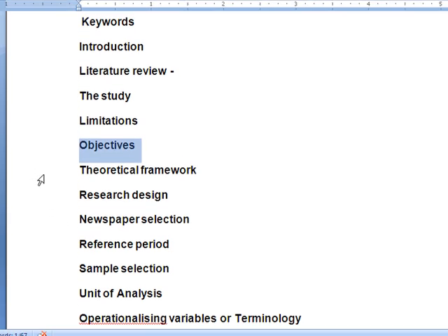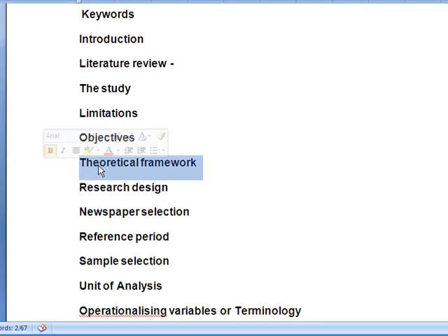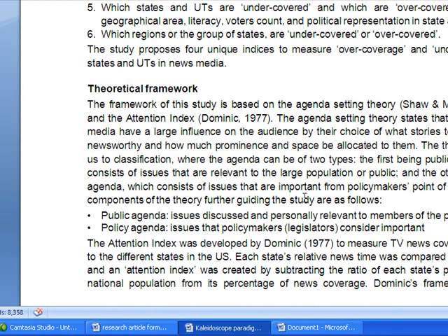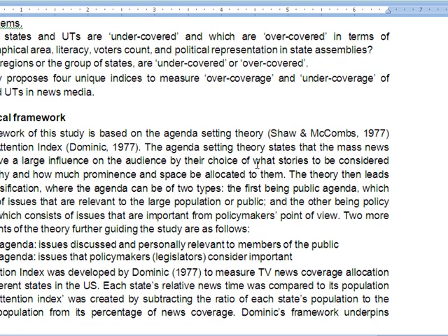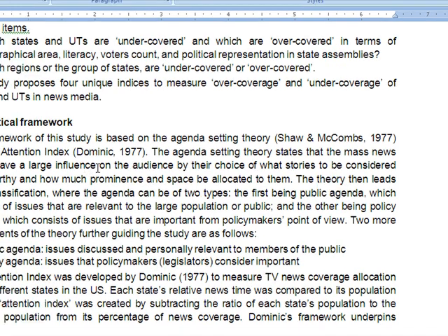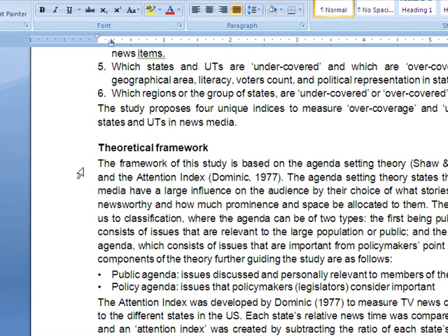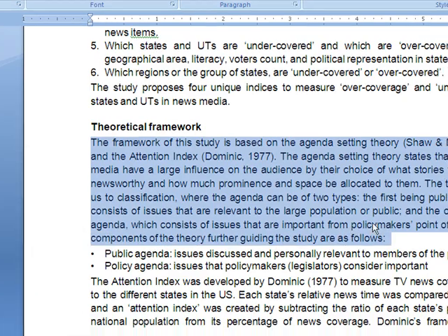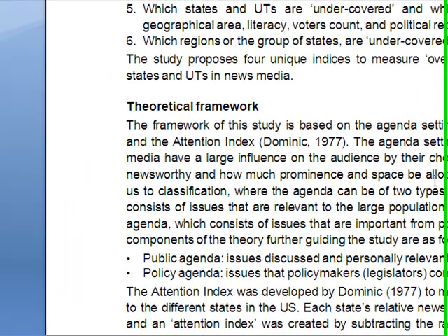Then comes your theoretical framework. This theoretical framework is the main problem why Indian research publications fail to make their mark at the international level, because we have not been taught that there is something called the theoretical framework.